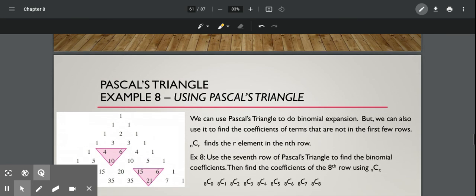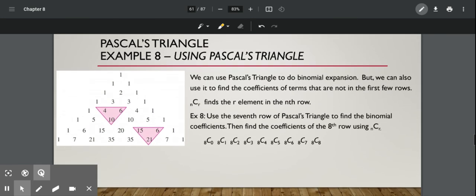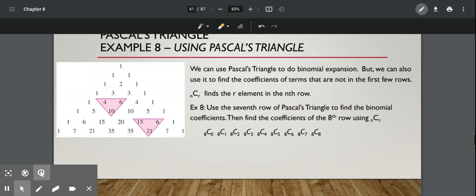And then this is just that reminder. We've kind of already gone through it. But we can use Pascal's triangle to do binomial expansion, which my guess is that's probably how most of you will go. But you can also use it to find the coefficients of terms that are not in the first few rows.